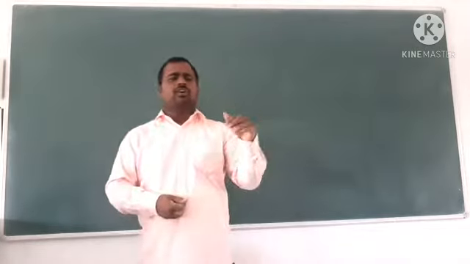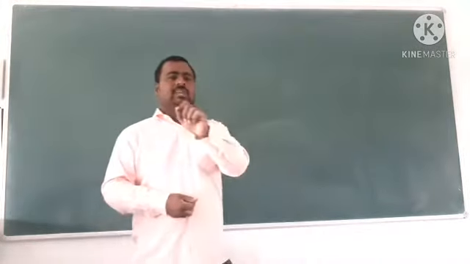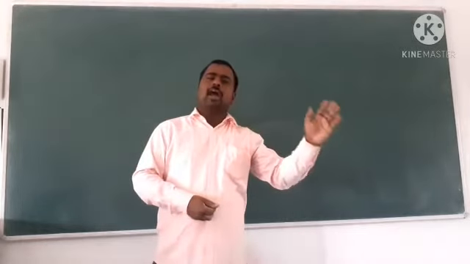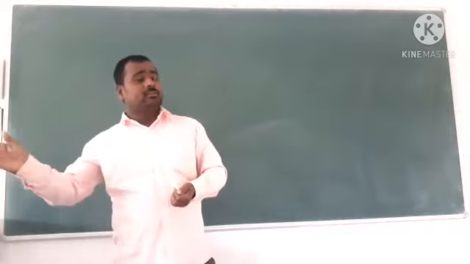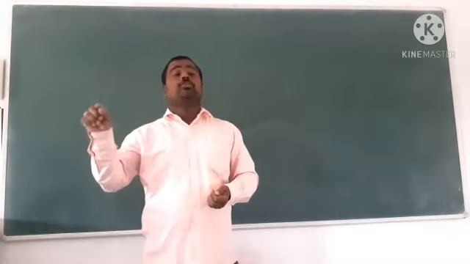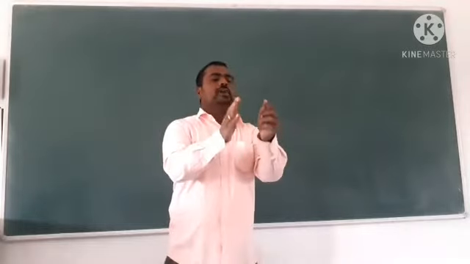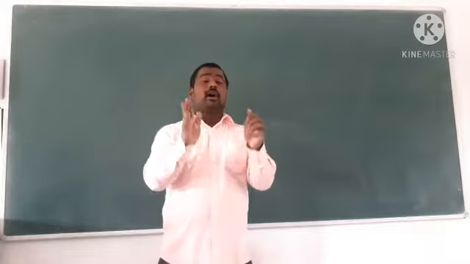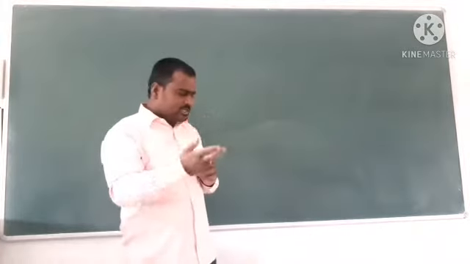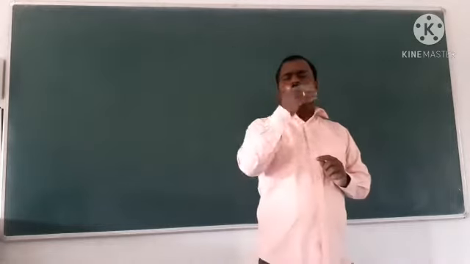Same things: when h tends to 0 from the negative side, it means left hand derivative, and when h tends to 0 plus, it is the right hand derivative. If both are equal, then the derivative exists. Here also there are three main properties.